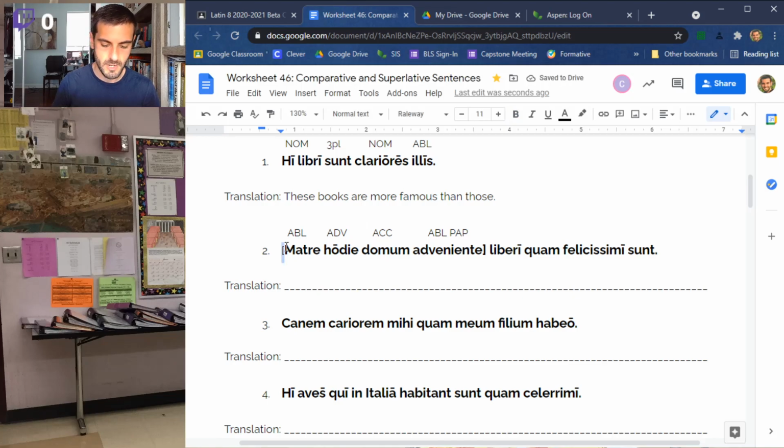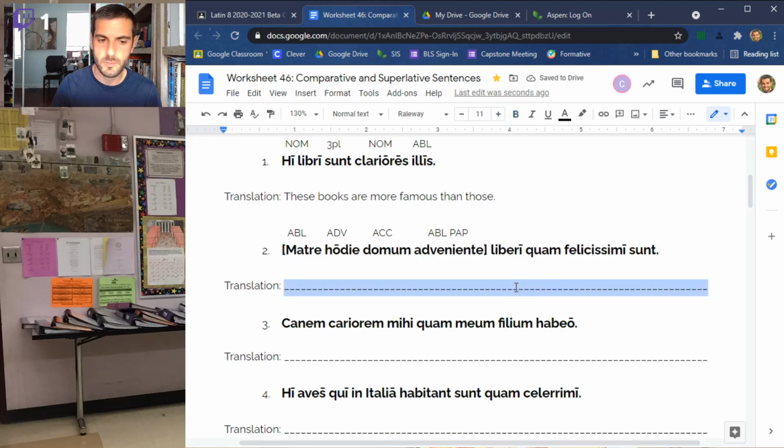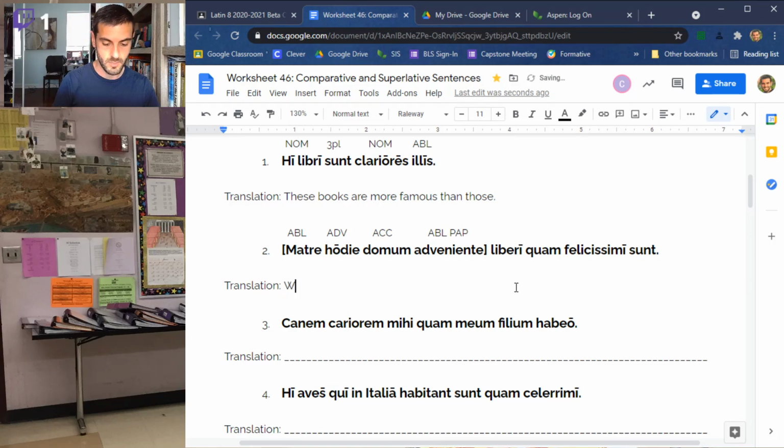You don't need to put the brackets, but just to show that it is a sort of separate clause. The way we translate ablative absolutes, we start with the noun, but before the noun, we start with the word with. With the mother, keep it nice and simple. Adveniente is an ing participle, so with the mother arriving, domum, home, and then hodie, today.